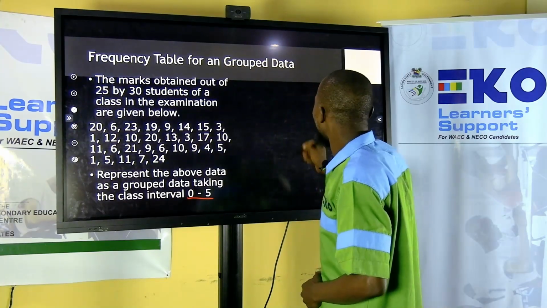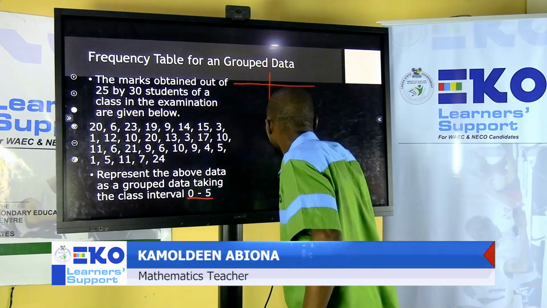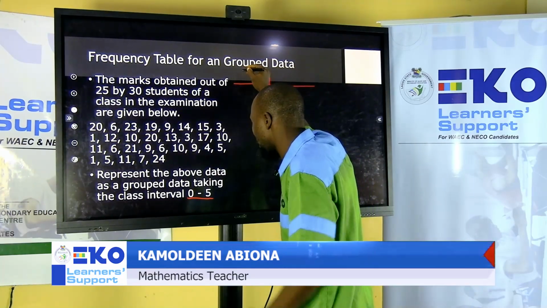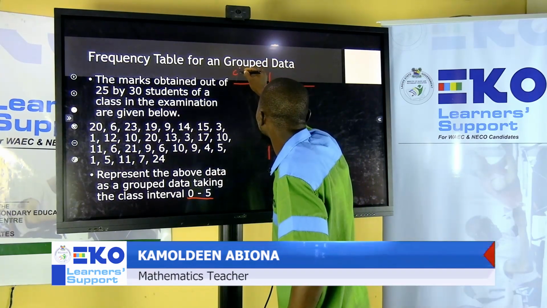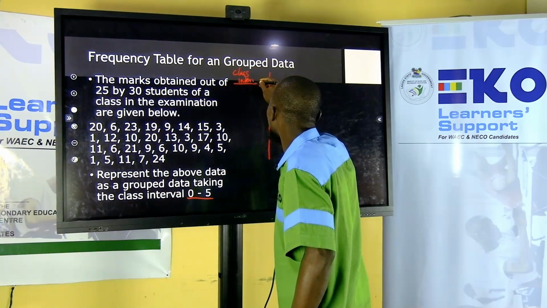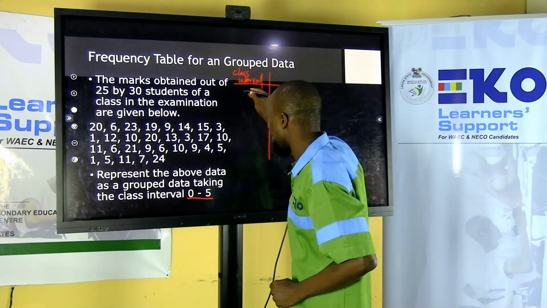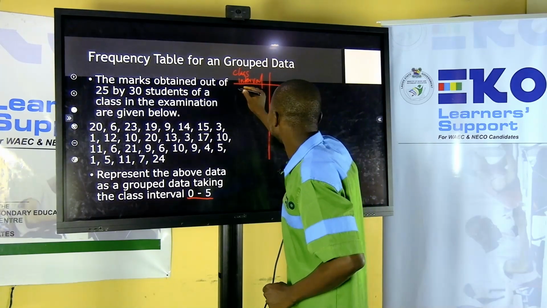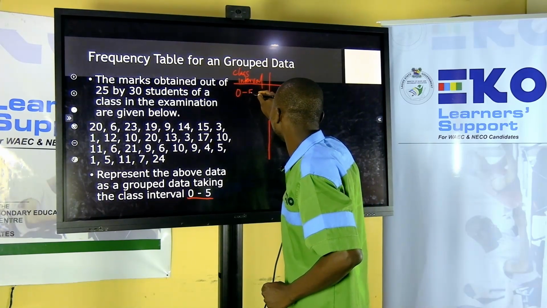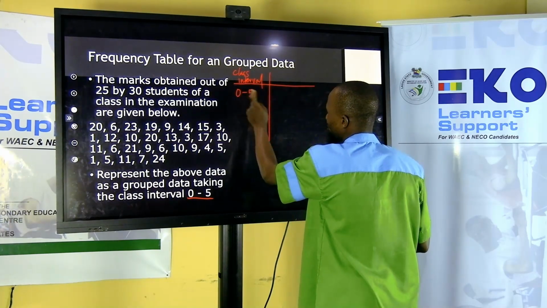So let's see. We draw the same thing. This is class interval, right? We are starting from 0 to 5. They have given us an example there. You can see when we add 5 to this, we get this.